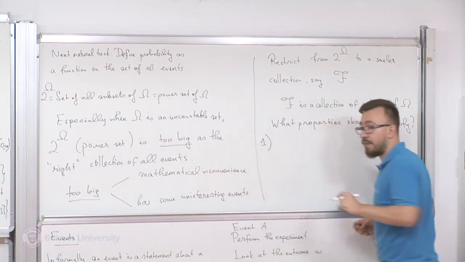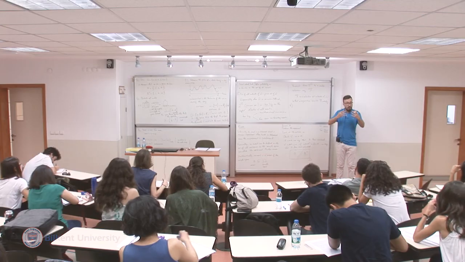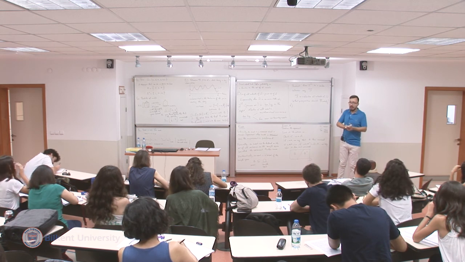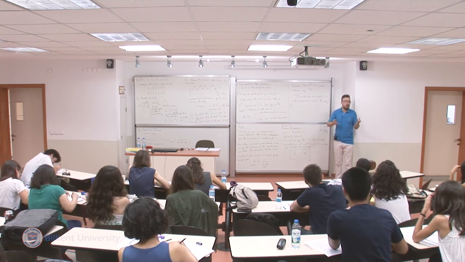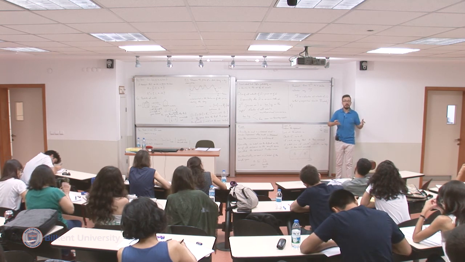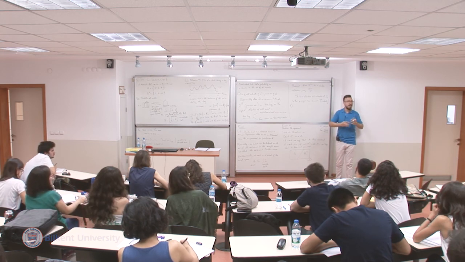Well, first of all, it should contain the sample space itself. The sample space is a subset of the sample space, so it should count as an event, right? Because omega corresponds to the statement, something happens. Something happens is always a true statement. So it should always be counted as an event.